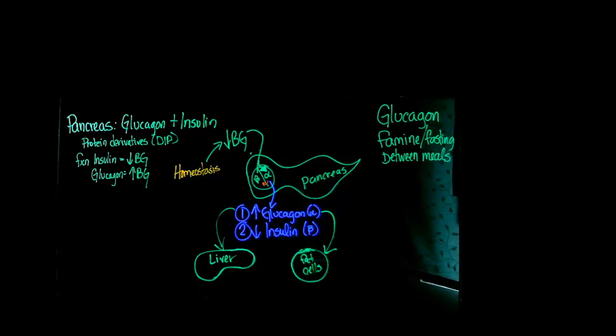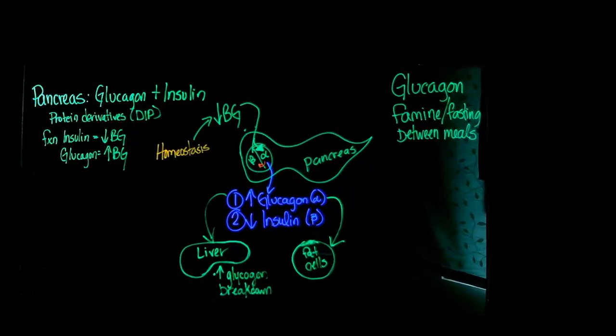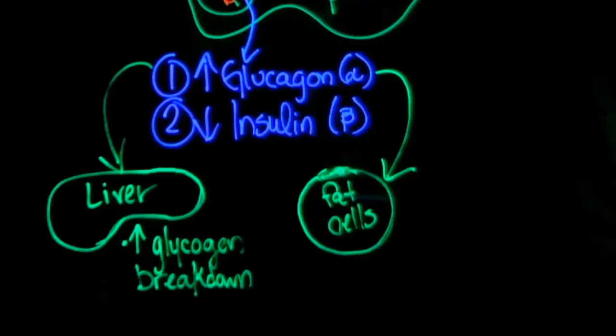The function of glucagon, when bound to receptors in the liver and the adipocytes, is as follows. First, the liver is going to take glucose that it had stored previously in the form of glycogen and break that glycogen down into glucose to be able to liberate it into the bloodstream.